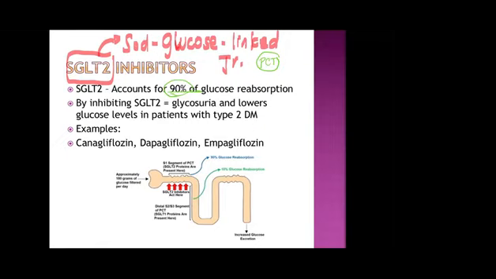That's why in the figure, you can see na pag gumamit tayo ng SGLT2 inhibitors, yung 90% glucose reabsorption is being blocked. Hence, enhance ang excretion. So ang ultimate effect ng SGLT2 inhibitors, enhance glucose excretion.